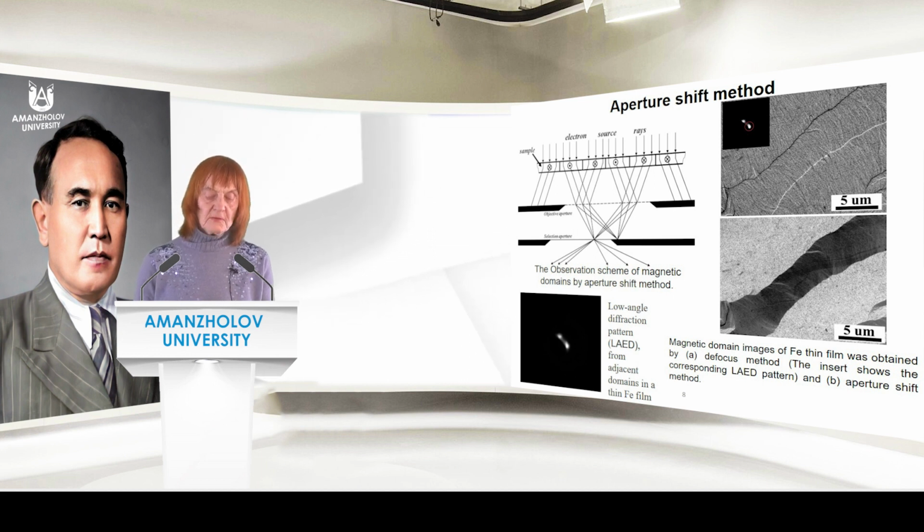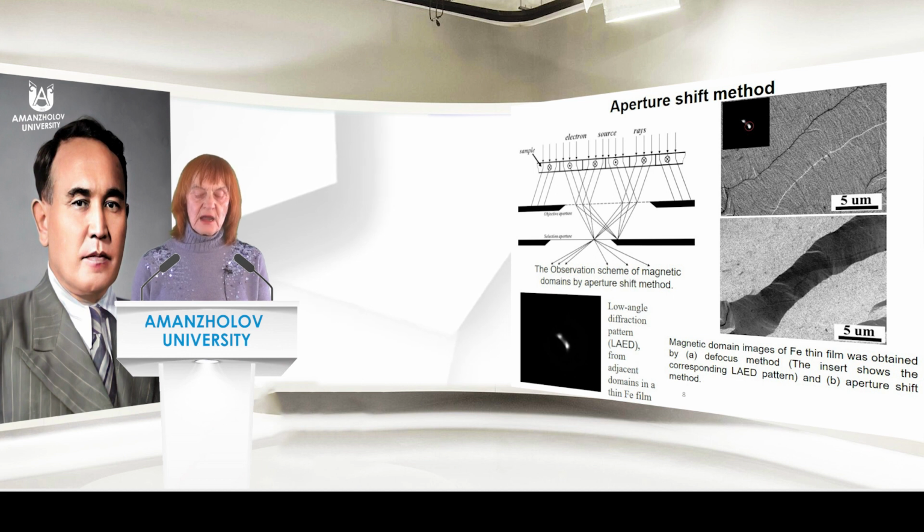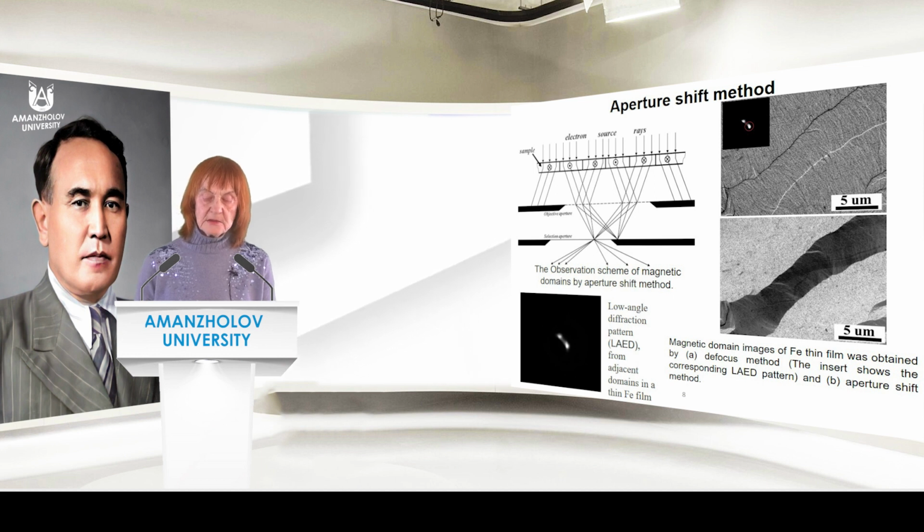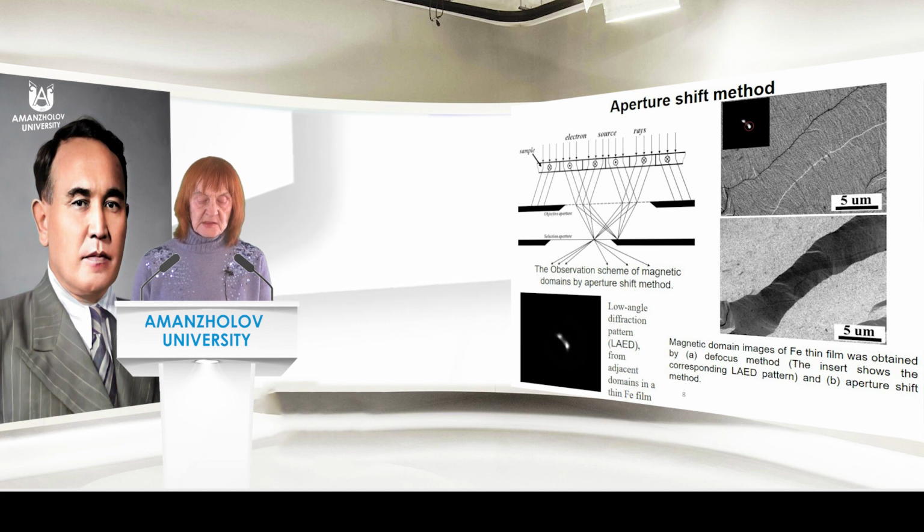However, Neel walls are formed at low film thickness, about 100 angstrom. Therefore, deviations are quite small to determine the domain wall type by tangent bar shape.